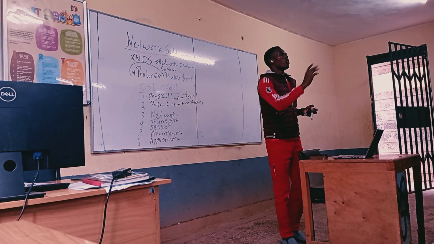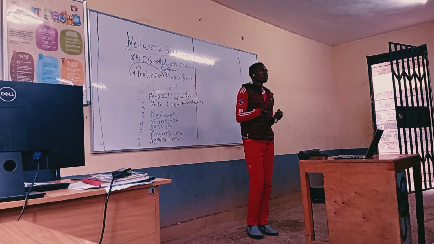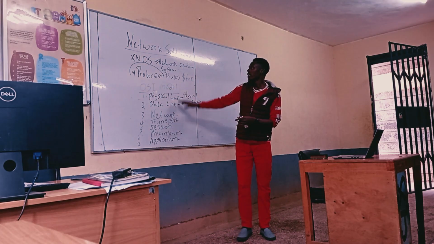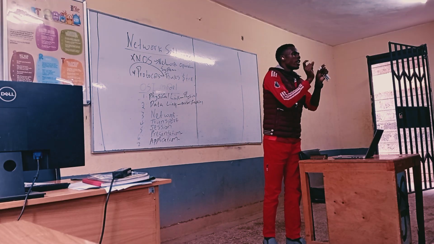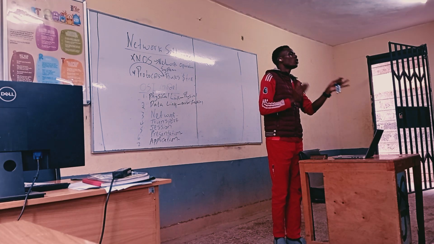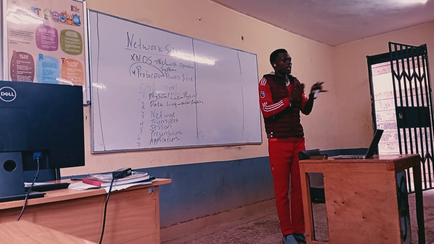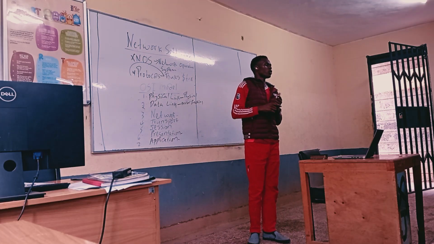Okay, so let's listen to this now. We have talked of the OSI model. We have talked of protocols. We have said protocols are a set of rules and procedures that govern communication between two devices. We should be having two devices communicating to each other, so that in between there are protocols.